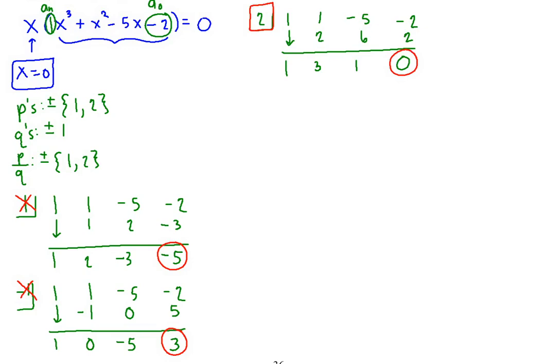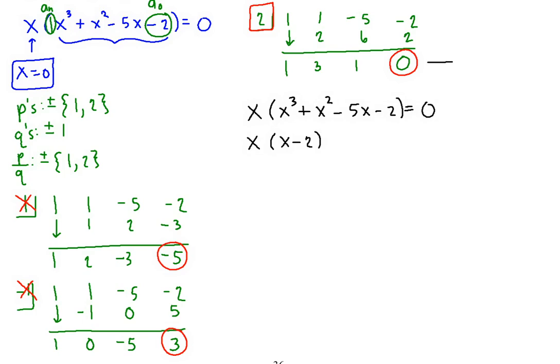Okay, let's keep track of the algebra. First we factored out the greatest common factor of x, and that left behind a degree 3 polynomial, which we're currently working on. One of the zeros of that degree 3 polynomial we just found is x equals 2. If x equals 2 is a zero, it came from the factor x minus 2.